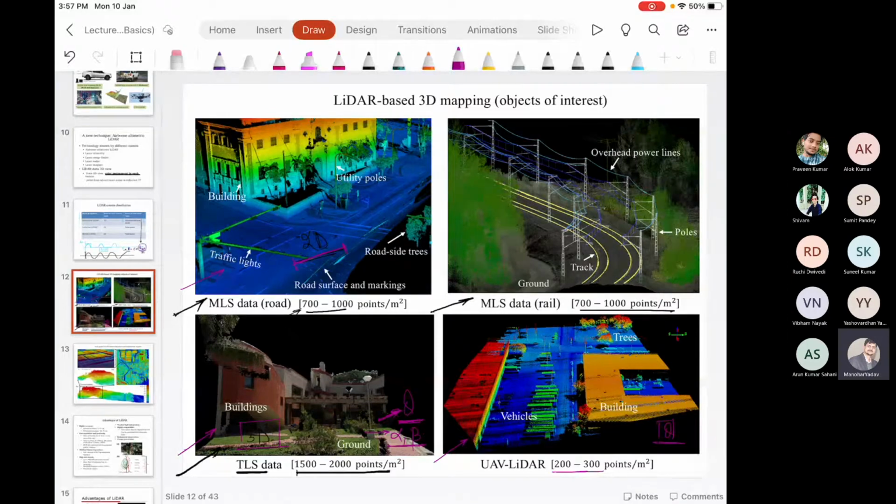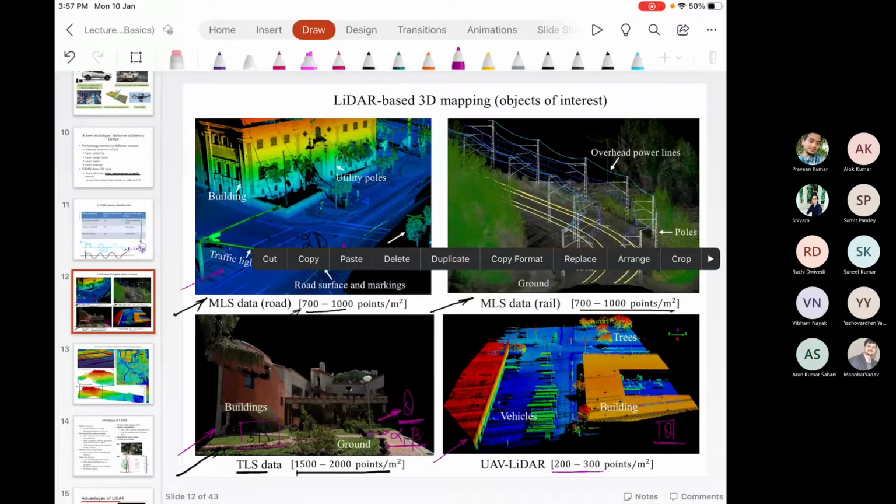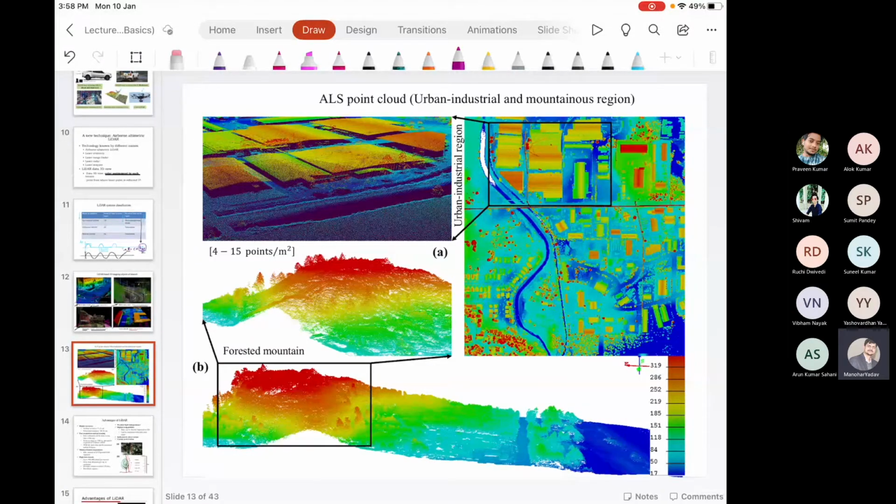And in that case, the distance from laser source to target is more compared to the ground-based operation. So that parameter governs over here. That is the range from laser source to various target points. That is more.